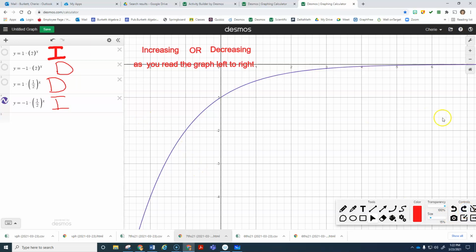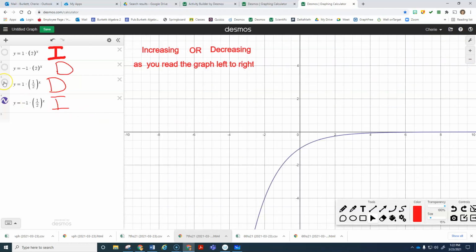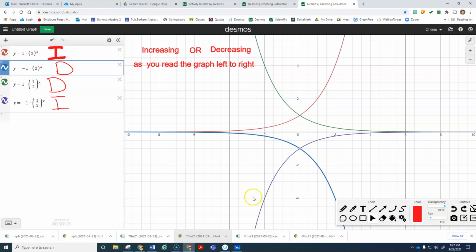Okay, I'm going to put all 4 of them on the graph at the same time to show you that these are the only 4 possible kinds of exponential graphs that you can have. So here we see that the red one is increasing. The Y values are getting bigger.